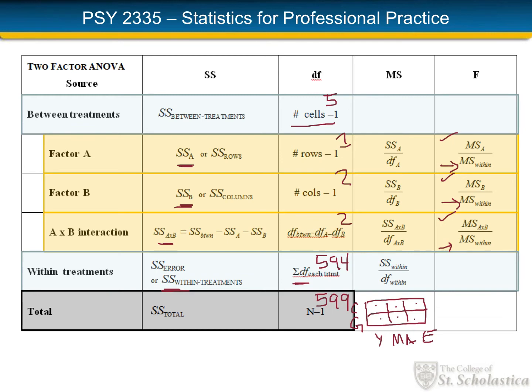We are not going to do these computations of the actual sums of squares by hand, but once we have the sums of squares calculated, it's not so tough to do the degrees of freedom, and then just as we did before, to divide the sum of squares by the degrees of freedom to get the three different mean squares, and then each of those mean squares using the same error degrees of freedom in the denominator will give us the three different F tests.